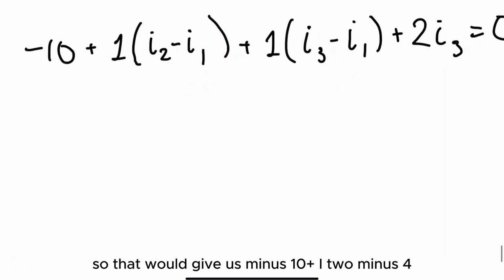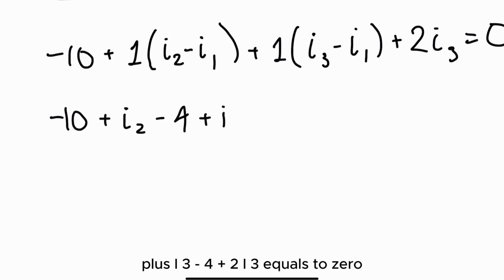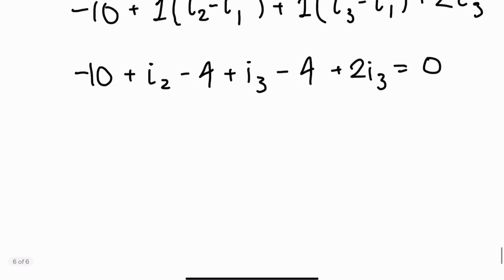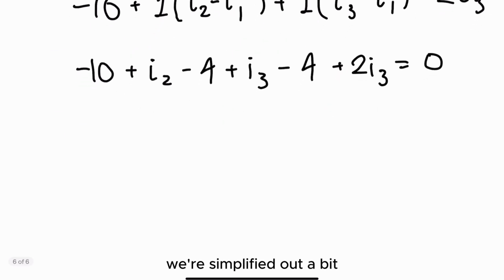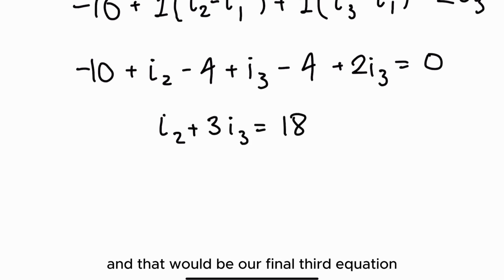So that would give us minus 10 plus I2 minus 4 plus I3 minus 4 plus 2 I3 equals 0. We simplify that a bit and get I2 plus 3 I3 equals 18. And that would be our final third equation.